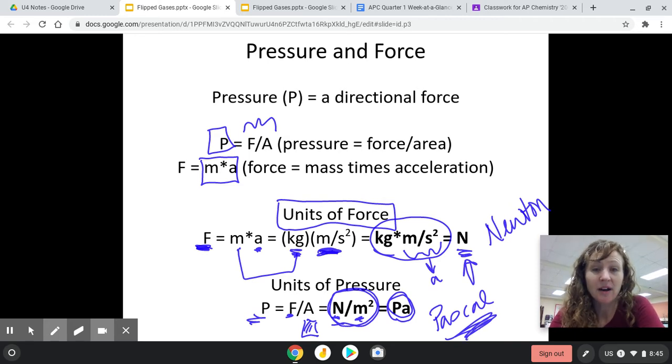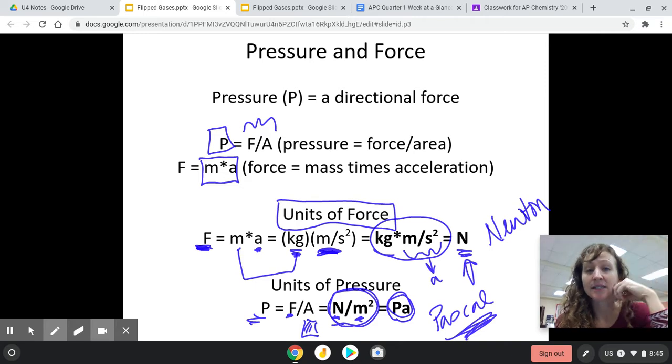And this is where a Pascal comes from. 1 Newton per meter squared is 1 Pascal. So when you're looking at pressure and you're like, these units are so weird, where did these units come from? This is where the units come from. A Pascal comes from a Newton per meter squared. Now, Pascals are not super common in industry.